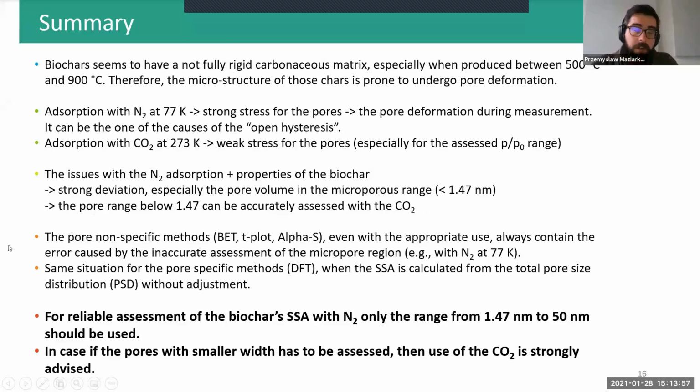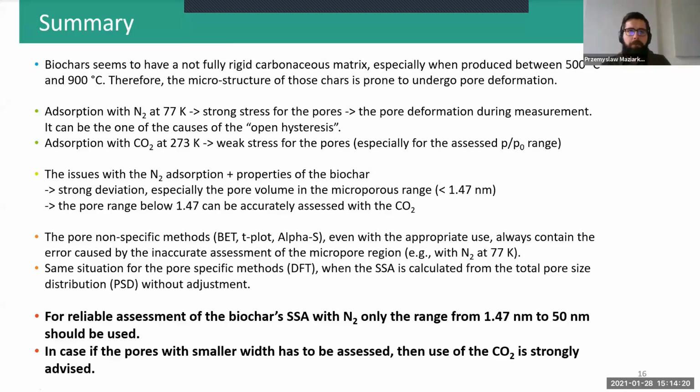In general, when we assess the data from the nitrogen adsorption, we shouldn't really use non-pore-specific methods like BET, t-plot, alpha-S, because there is no possibility to adjust the pore size distribution in those methods.